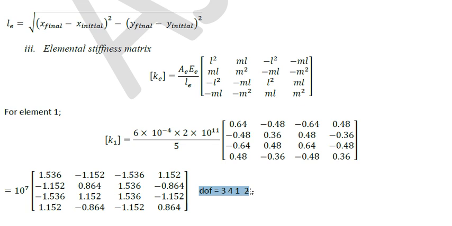Degree of freedom is 3, 4, 1, 2, which is a very important point to note, because initial node is 2, final node is 1, as I have considered in the element connectivity data table. That is why the degree of freedom is 3, 4, 1, 2. This is the stiffness matrix for element 1 with degrees of freedom 3, 4, 1, 2. Degree of freedom is very important in trusses.